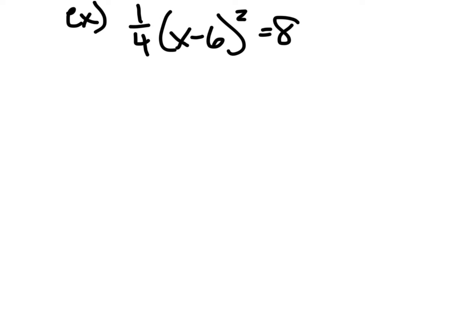Alright, this example is a little bit different because, as you can see, it's not just the x that's squared, it's the x minus 6 that has been squared. So my first step is going to be isolate the squared term. That means I'm going to isolate this whole term right here. Right now there's a 1/4 on the outside.